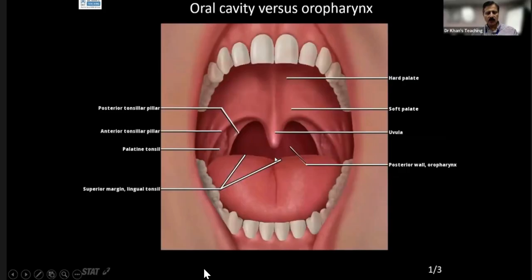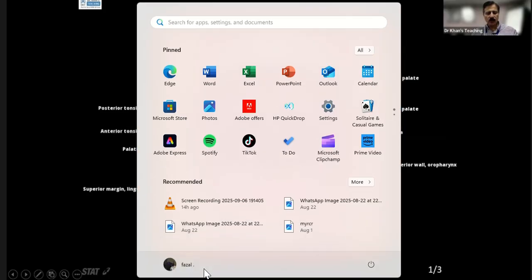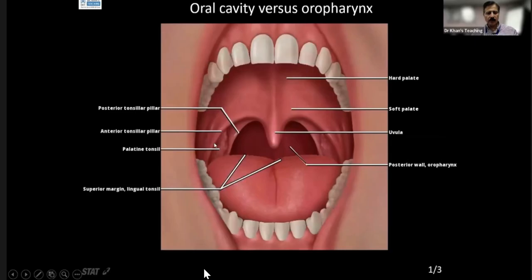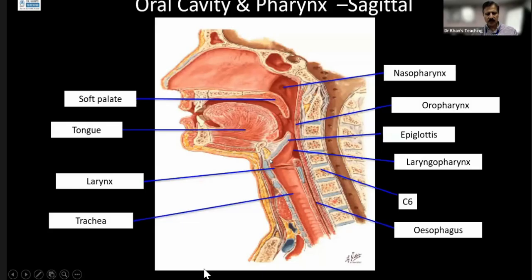So this is what we see clinically when we are looking into the mouth: the uvula, and these are the pillars we are talking about. This is the anterior tonsillar pillar, and this will be the boundary. Now, if you see here, this is a sagittal diagram.